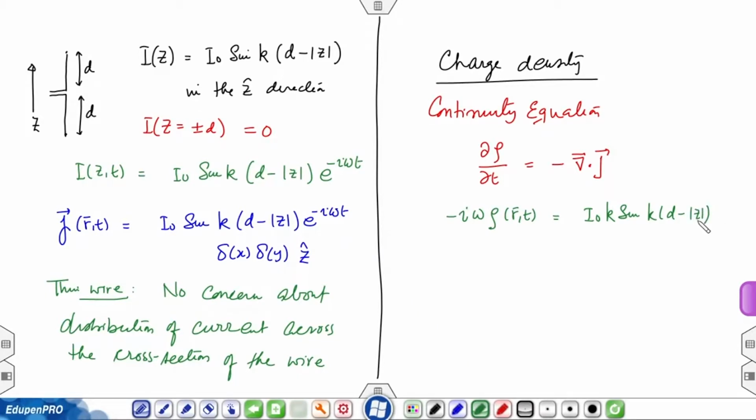That is going to be the charge density times the time dependence e raised to minus i omega t.